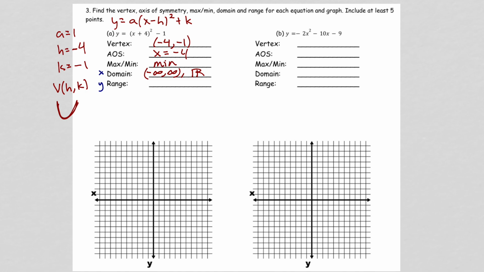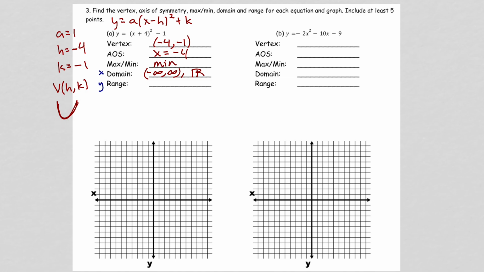All right, next, what is the range? Well, the domain is all real numbers. The range we can piece together from thinking about the fact that this thing goes up, and the vertex is at negative 4 comma negative 1. Negative 1 is the y value, so it's going to be negative 1 and all numbers above that.